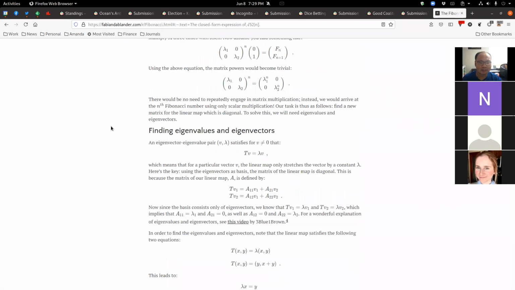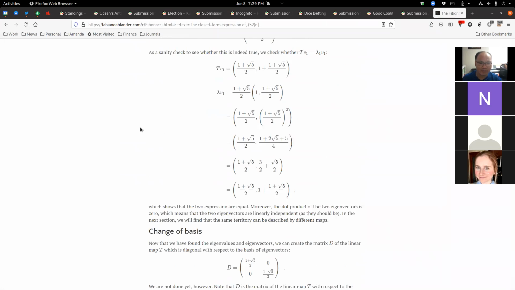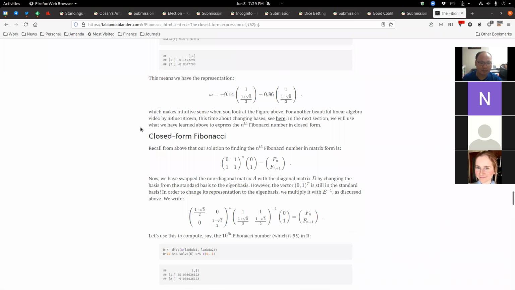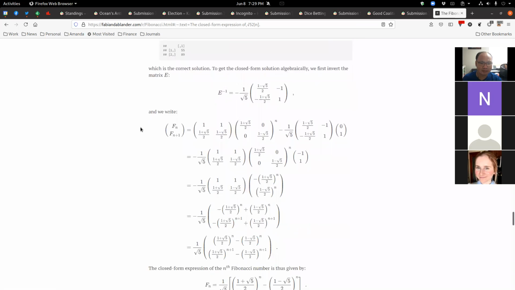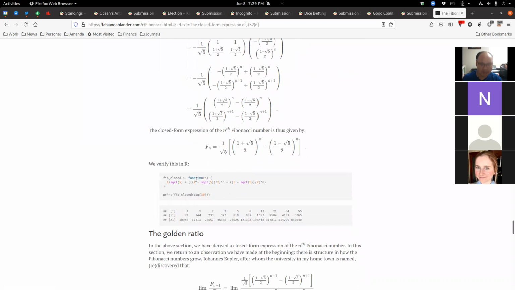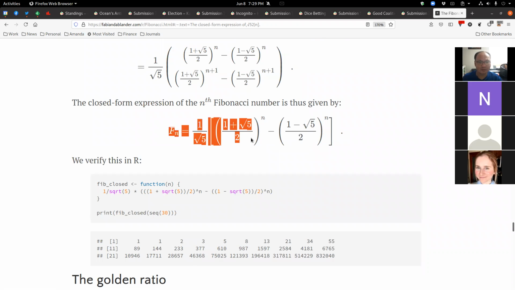Where's the formula? Okay, there's a lot of stuff going on. The formula at the end is, here it is. This is the formula for Fibonacci numbers.